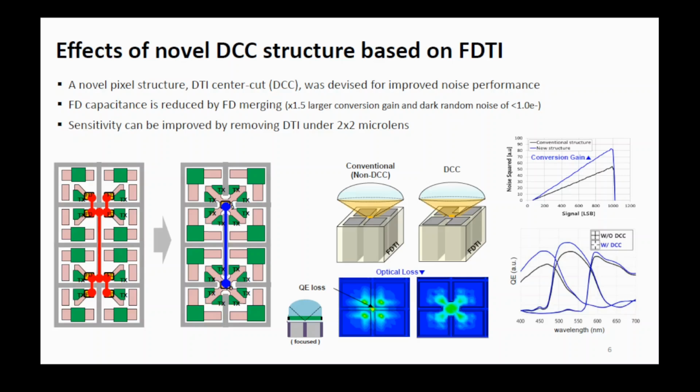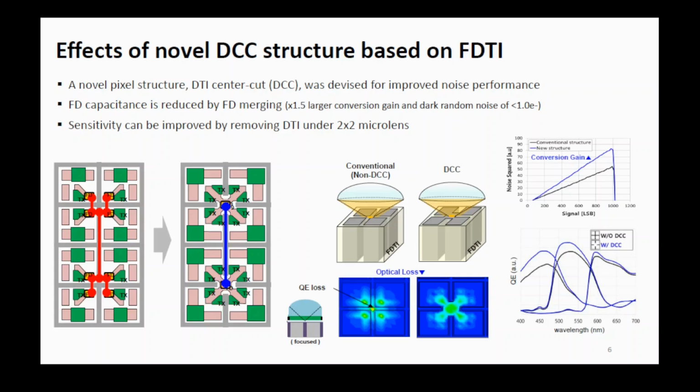Here, we can merge four separate FDs into this small area. So the size of the FD area is effectively decreased, which makes the FD capacitance much smaller. And also the number of contacts is decreased by a quarter.